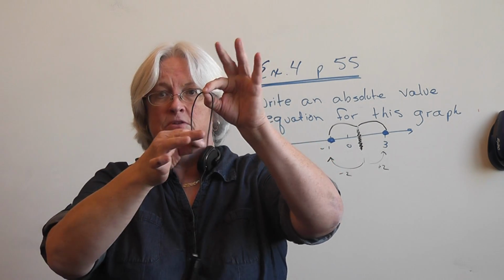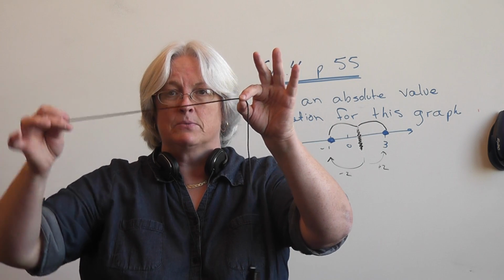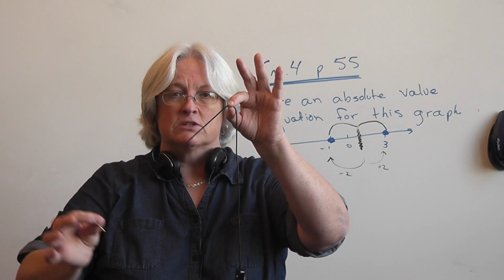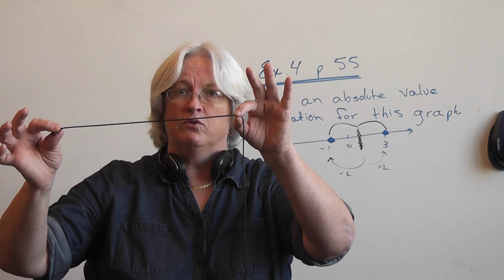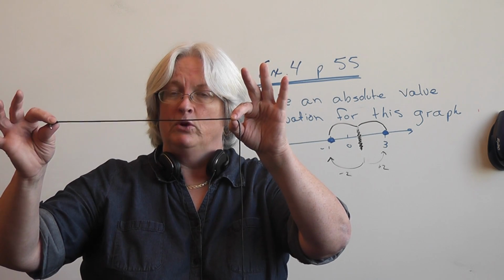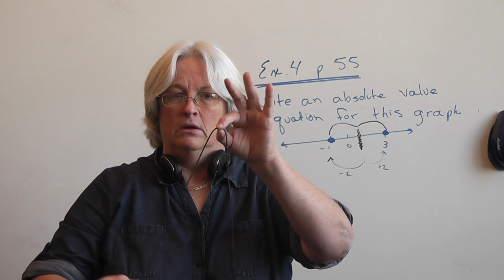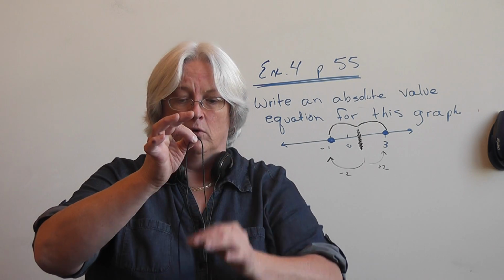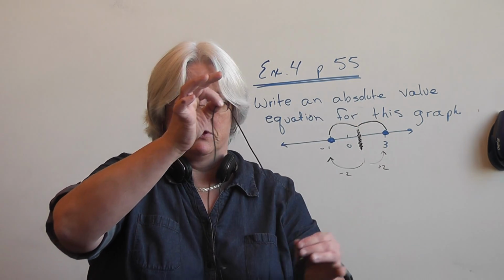That's like saying the absolute value from this point here, because the absolute value is the distance from 0. The absolute value of 4 is 4 units from 0. Absolute value of -4 is 4, because it's 4 units from 0.